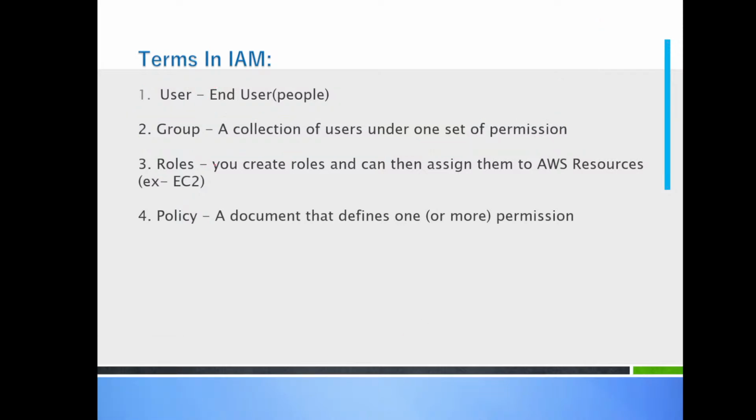Now, role. I will talk about role. You create roles and can assign them to AWS resources. I will come to this. Basically, you are giving a machine some level of permission. What type of machine? A computer, right? Take an example: your computer requires some access right now.